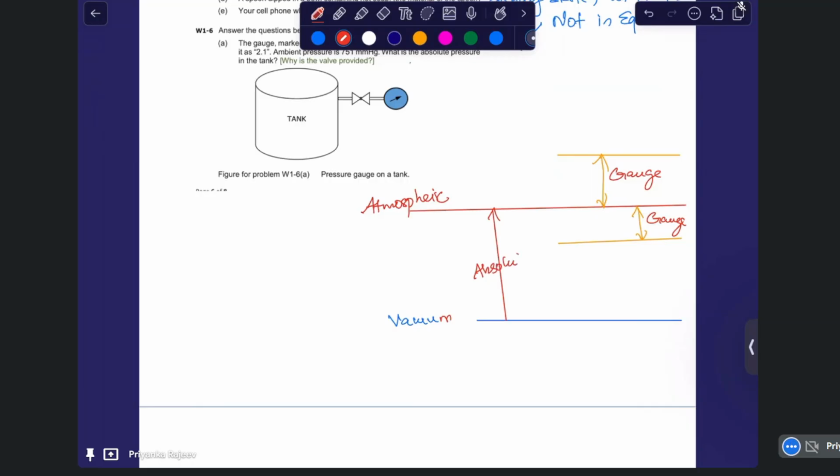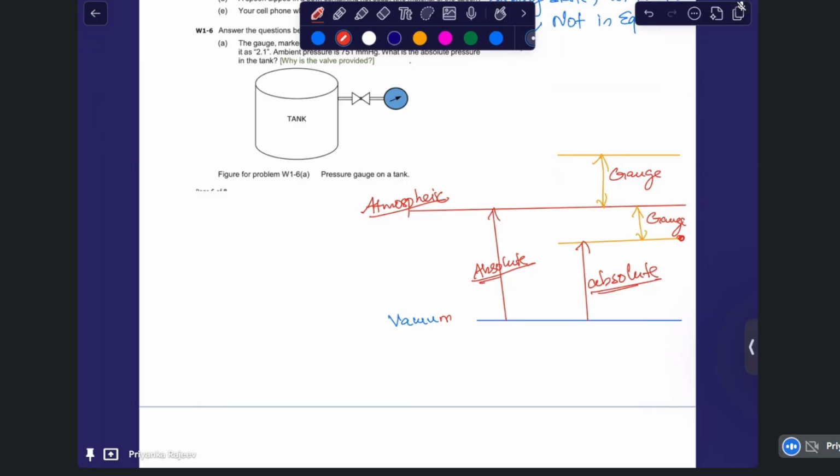So this is absolute. Here the absolute pressure of this atmospheric pressure is equal to atmospheric pressure. Here the absolute pressure is something else for this point.